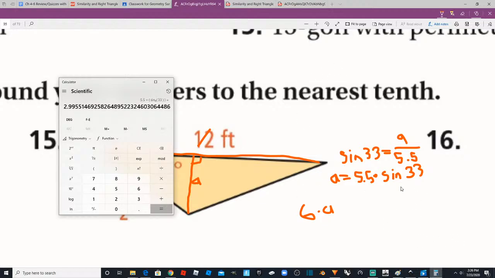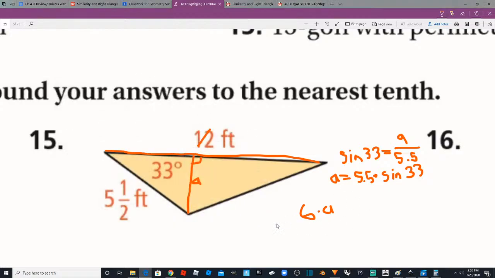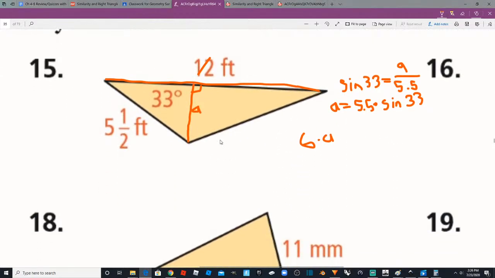So that's what A is. We'll multiply times 6. The 17.97, which is basically 18. Area equals 18 feet squared.